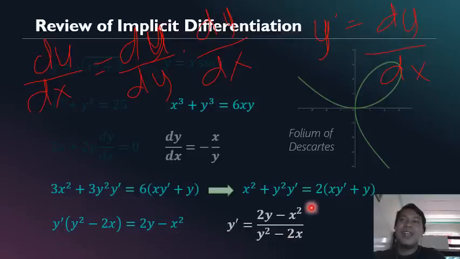Okay? So, ito na ngayon yung ating y prime. Now, that is how you get the first derivative of the function if it is given implicitly, again, by means of implicit differentiation. Okay? So, kung marunong na kayo mag-implicit differentiation, punta na tayo sa next slide.